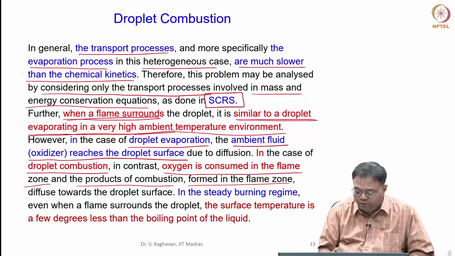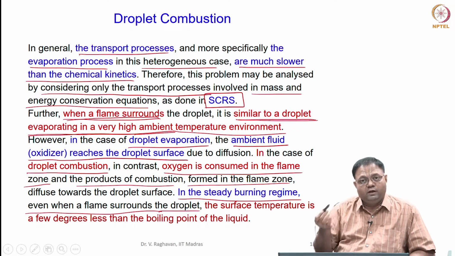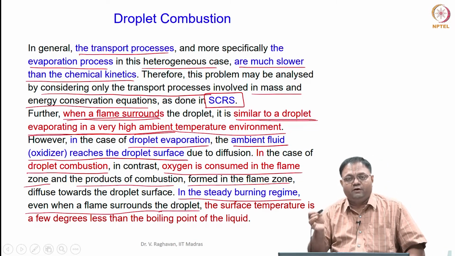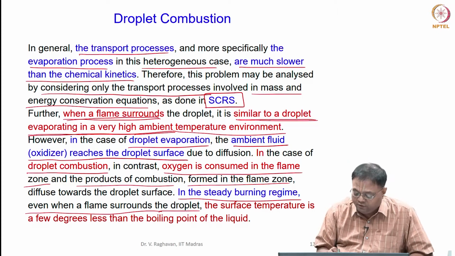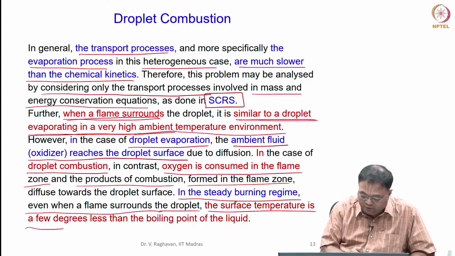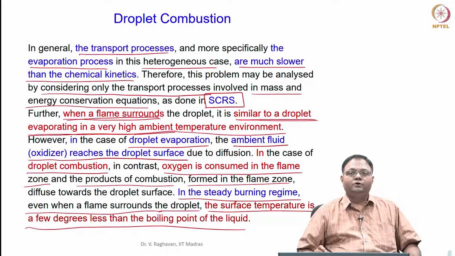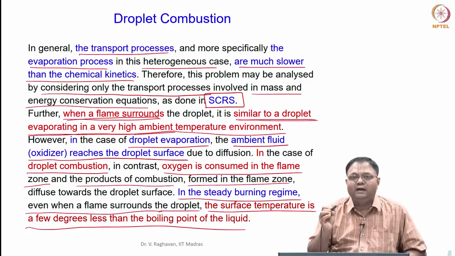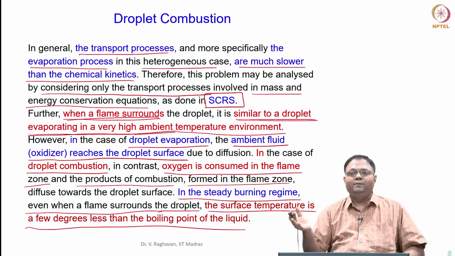In the steady burning regime, even when a flame surrounds the droplet, as I told you, T_F will be much higher than the boiling point in general. In that case, the surface temperature is still a few degrees less than the boiling point; it cannot exceed the boiling point. This is very important. T infinity does not have any influence here, because it is away from the flame zone.